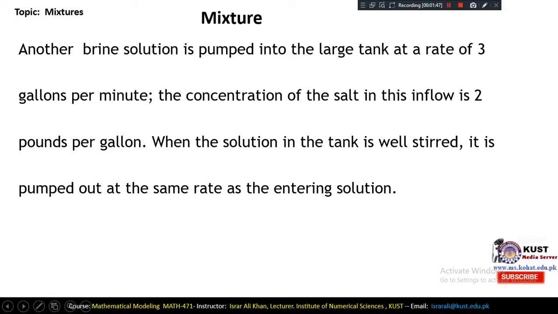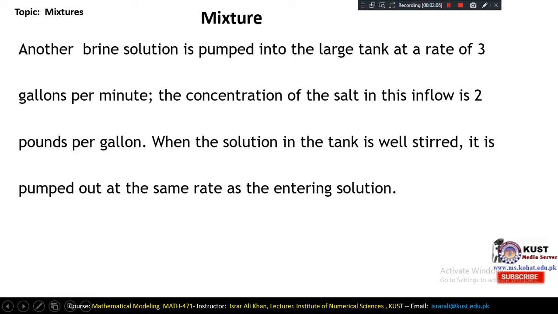The concentration of the salt in this inflow is 2 pounds per gallon. It means that every gallon contains 2 pounds of salt. Every gallon that is pumping into the tank contains 2 pounds of salt.